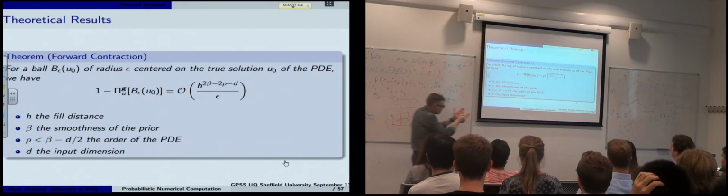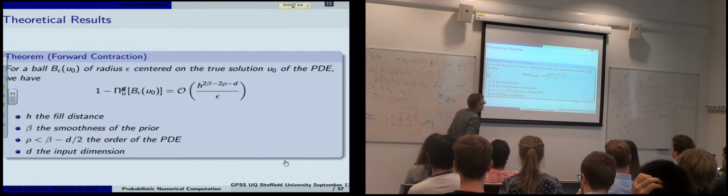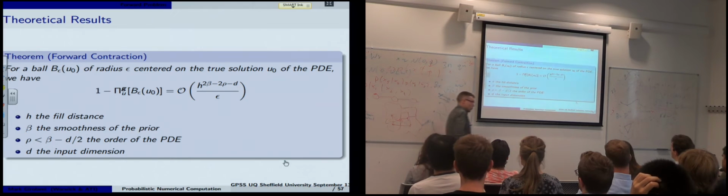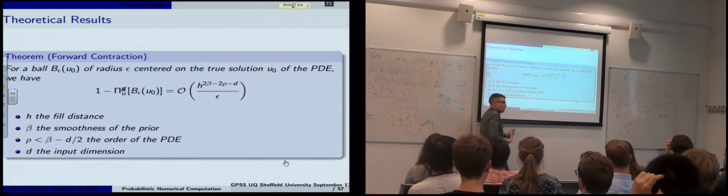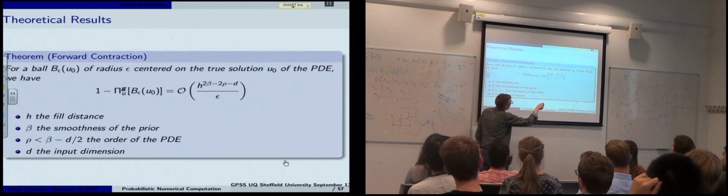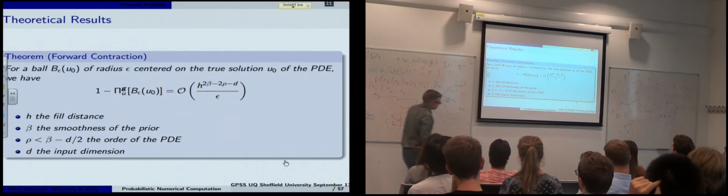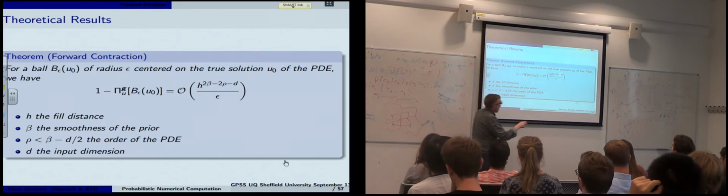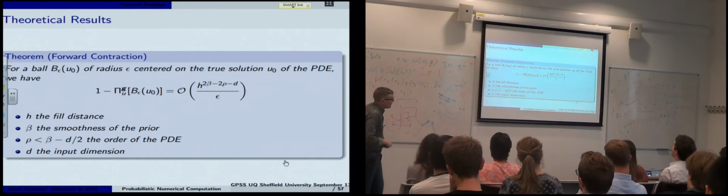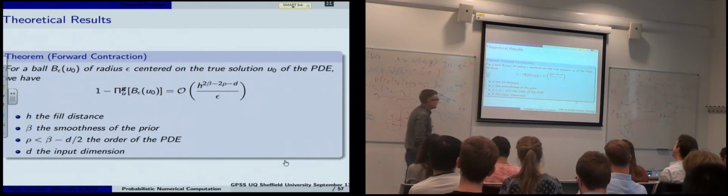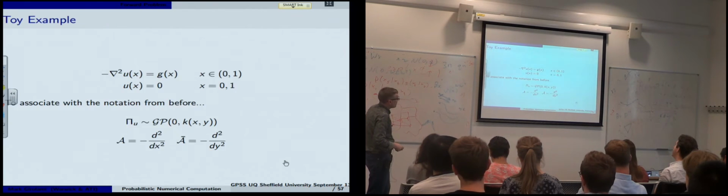So clearly as h gets smaller, as the fill distance gets smaller, then the rate's going to increase. But because we're taking a Bayesian point of view, the influence of the prior is going to be here, and we can see that the smoothness of the prior is going to regulate the rate of contraction of the posterior, as does the order of the PDE, in this case it's second order, and also the dimension of the domain, as you would expect. So this is all good.